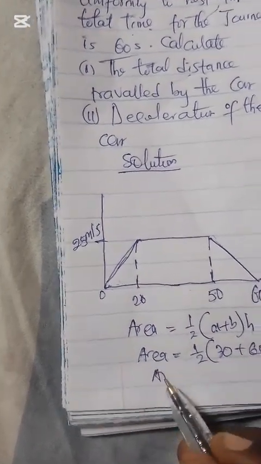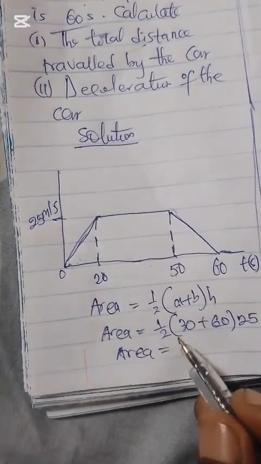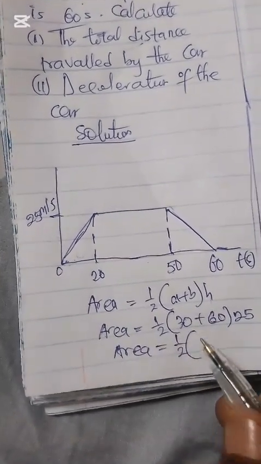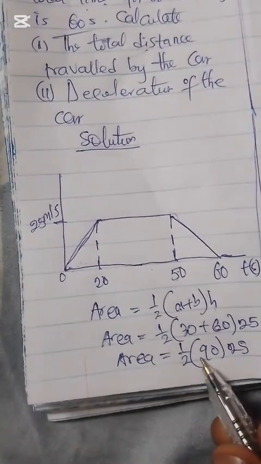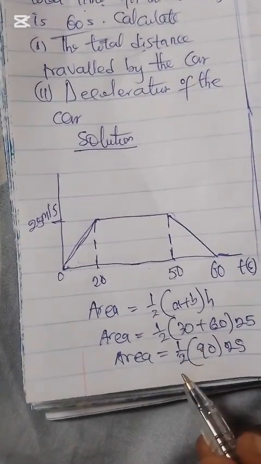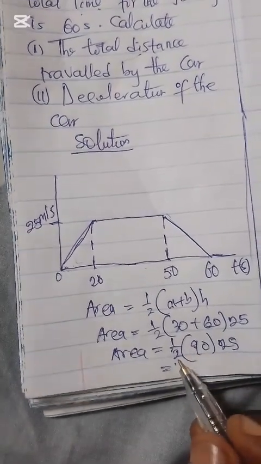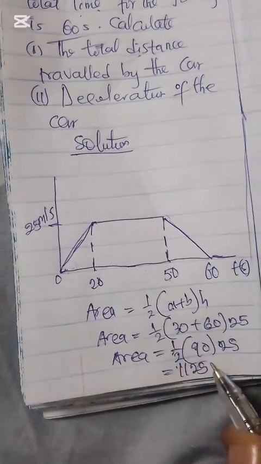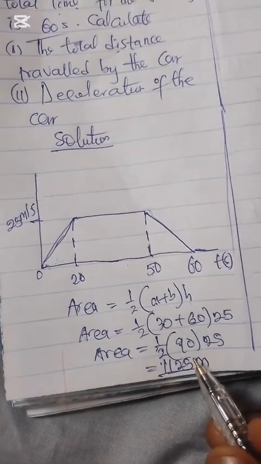So area will be equal to 1 over 2 bracket, this is 90, then times 25. 90 times half will give us 45. 45 times 25 will give us 1125 meters. That is the total distance traveled by the car.